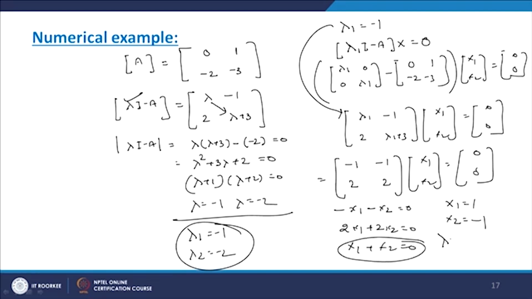Therefore for lambda 1 equals minus 1, our eigenvector is x1, x2 equal to 1, minus 1, that is x1 is 1 and x2 equals minus 1. So the eigenvector is 1, minus 1.